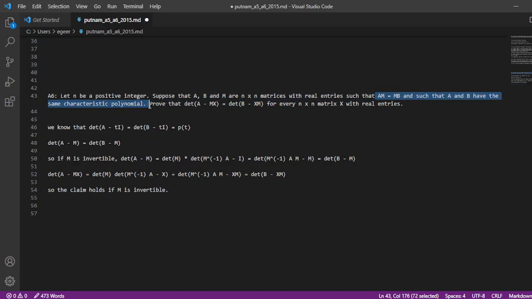So if these two conditions are true, we have to be able to say something about M, I feel like, but I'm just not seeing what it is.